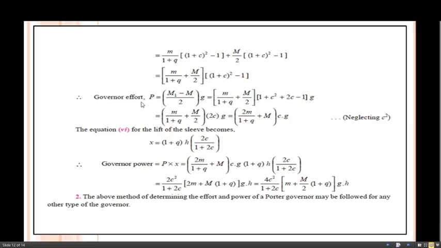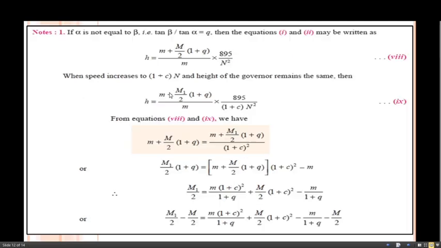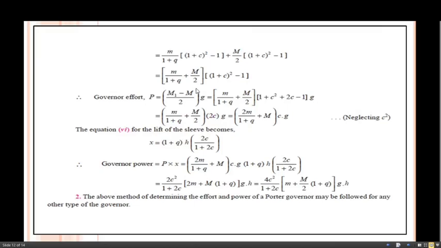So what about the governor effort? Governor effort is nothing but P equals m1 minus m by 2 into g. This term is already with us, m1 minus m by 2. Looking at this relation, m1 by 2 minus m by 2, it is already with us.